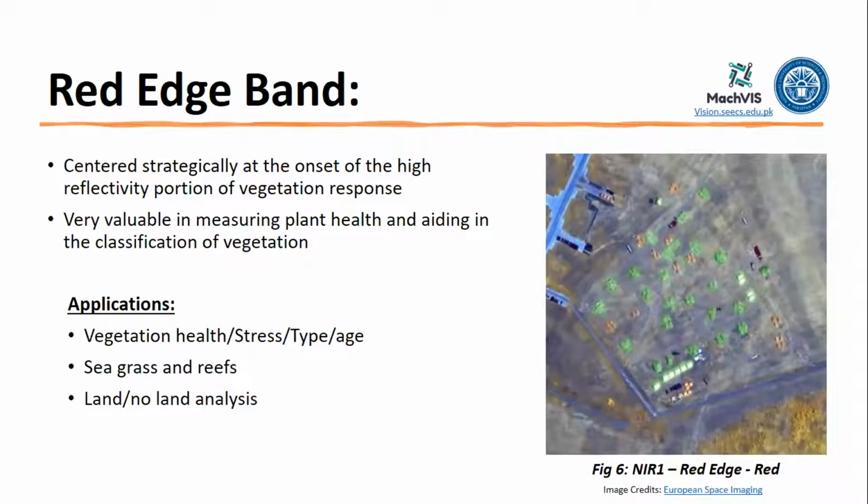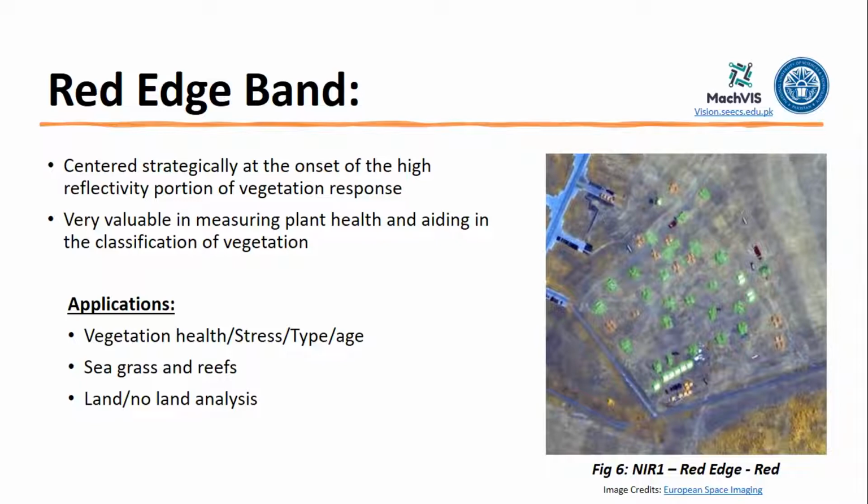Red edge, again with NIR1, red band and the red edge. You can see the green regions now. Red edge is actually not in the visible band, so that's why the visualization is totally different now.